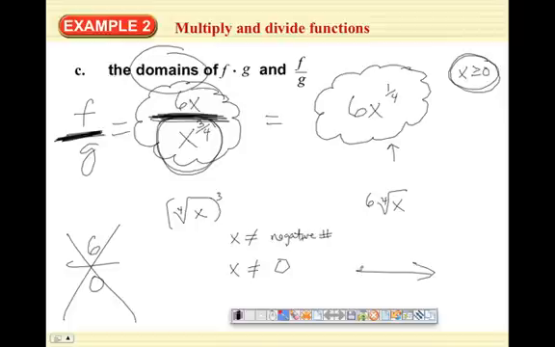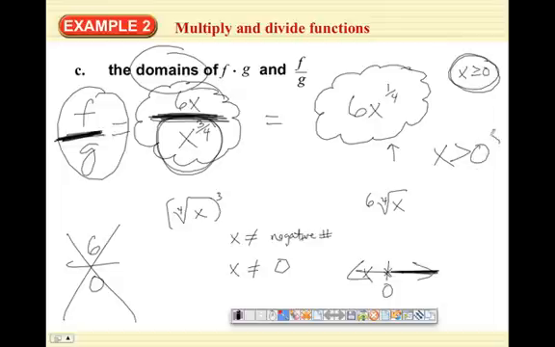So what else do you have left? What could x be then? If x can't be 0 and x can't be negative, all you have left is positive numbers. So my answer to this question, the domain of f divided by g, is x is greater than 0.